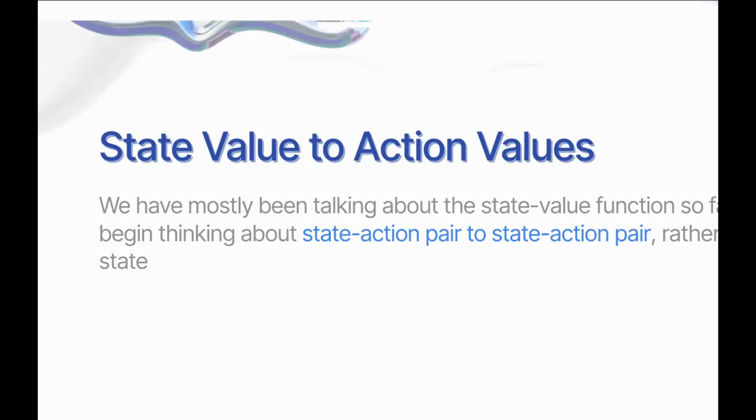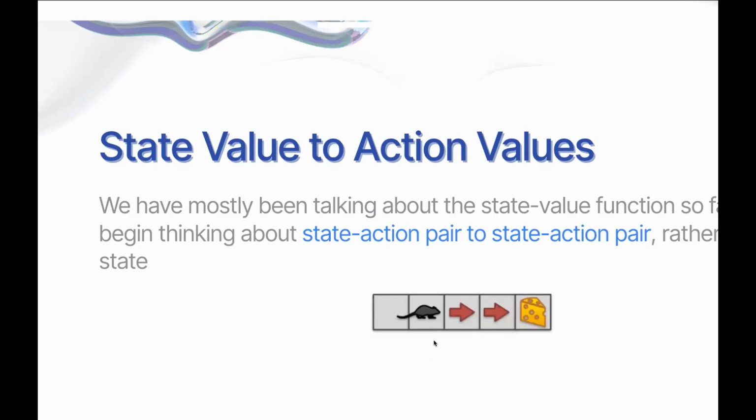So I want you to start thinking about this, right? We've been talking about the state value function so far, but I want you to start thinking about going from state action pair to state action pair rather than from state to state, right? In our examples, we've been going from state S to state A. But now I want you to start thinking about going from state S, right action, to state A, up action, for example.